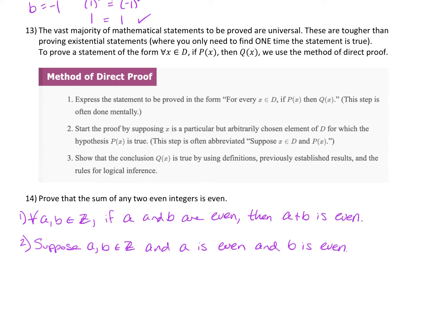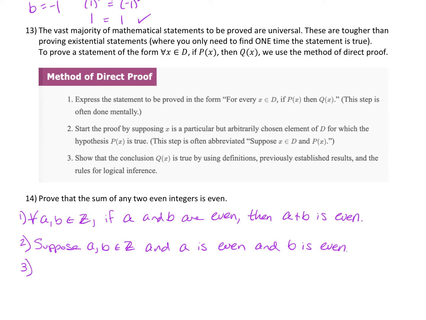Step 3 is to use definitions, theorems, and the rules of logical inference to prove that this part is true, that a plus b is even. The definitions we have at our disposal for this would be the definition of even and odd.